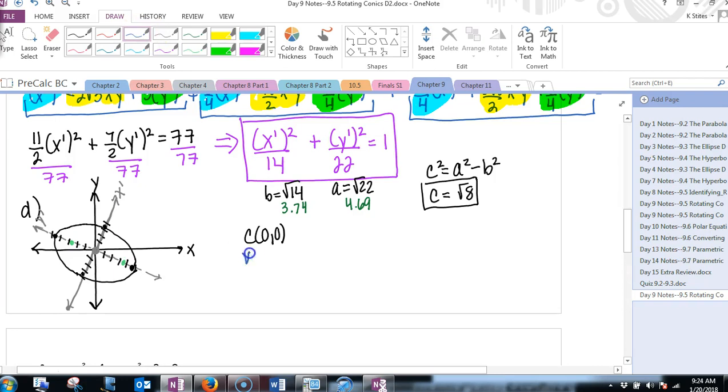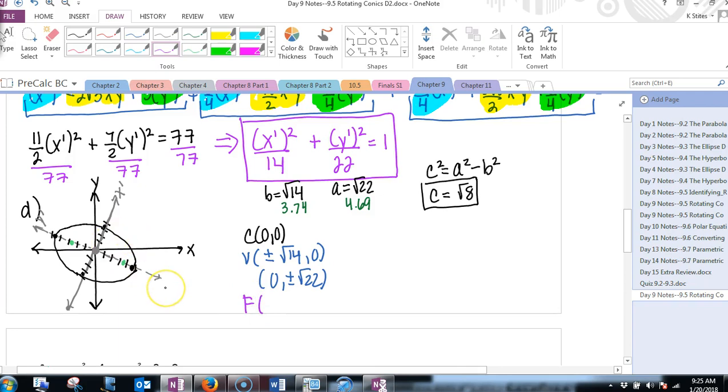Center I got. Vertices are going to be plus or minus root 14 comma 0 because I moved to the left and right, root 14, and then also 0 plus or minus root 22, because I went up and down along my y prime axis. So remember, these points are always based on your new axes. Okay, and then foci.